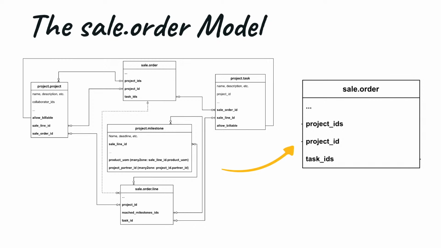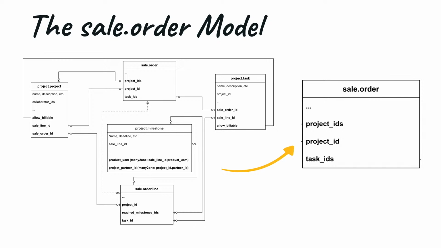Now, in the sale.order model, we have added relational fields that point to either projects or tasks. Here we have 2 project fields. That is because when offering a service product, that product can create either a project, which we can add tasks to, or it can create a task inside an already existing project.